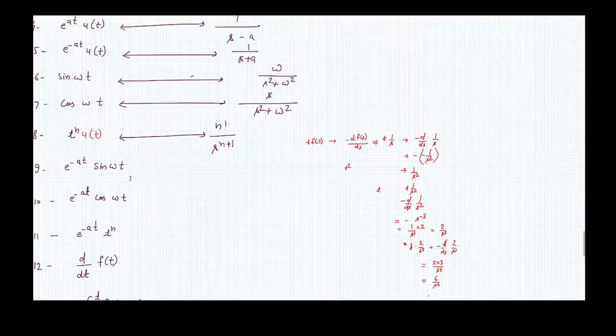Okay, two more functions I will tell, then we will leave. So e to the power minus at sine omega t. Now you should tell it within 2 seconds. What is the Laplace transform of this function? Sine omega t has omega by s square plus omega square. So for e to the power minus at sine omega t, s will become s plus a: omega divided by (s plus a) whole square plus omega square.